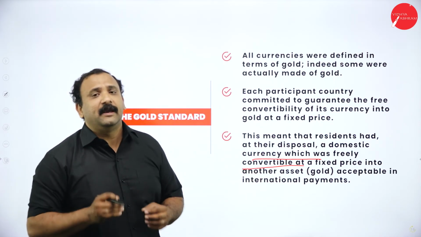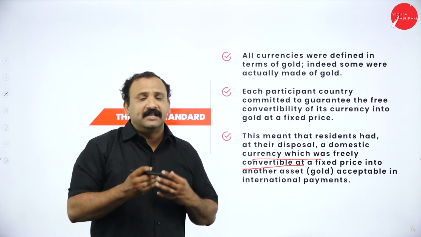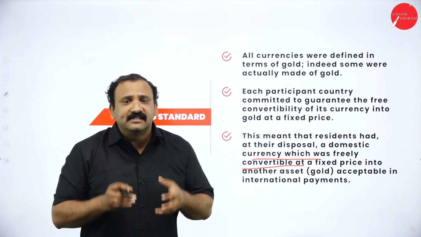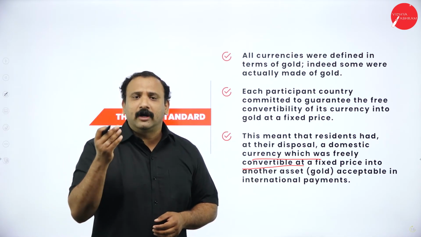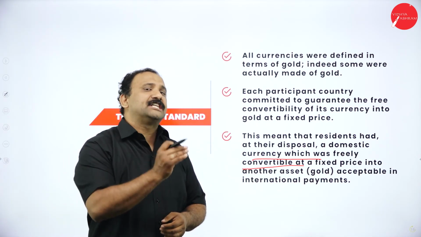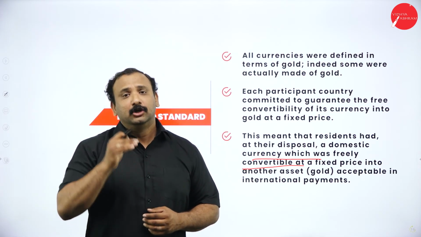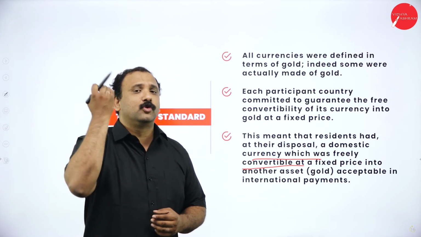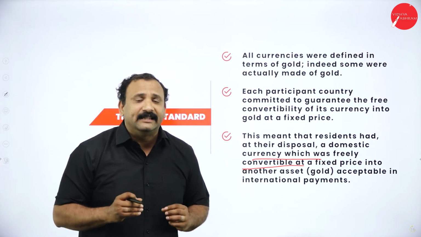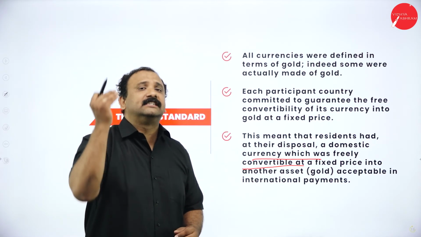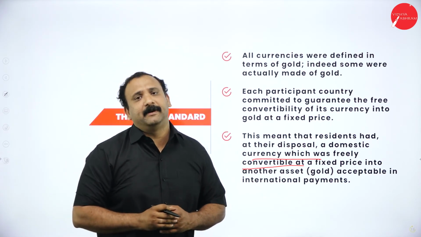So the major advantage, or the major factor that we need to understand in the gold standard, is that the residents of a country will automatically convert their cash into gold. Why? Because if the citizens start feeling that tomorrow the value of gold is going to go up, automatically they will convert their currency into gold and hold that gold itself as an international payment procedure.